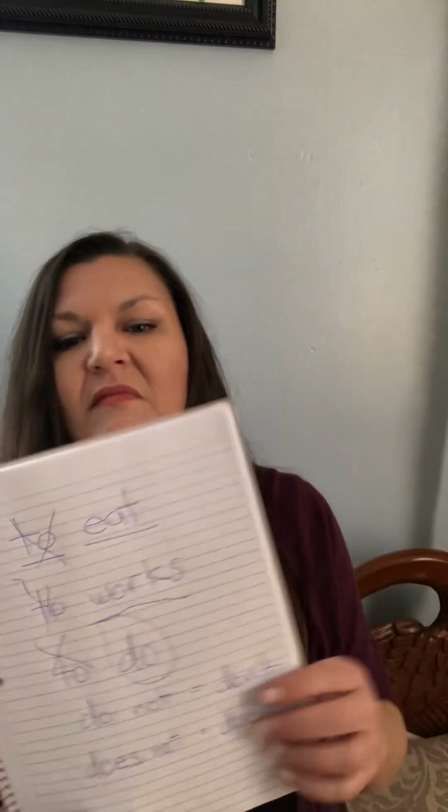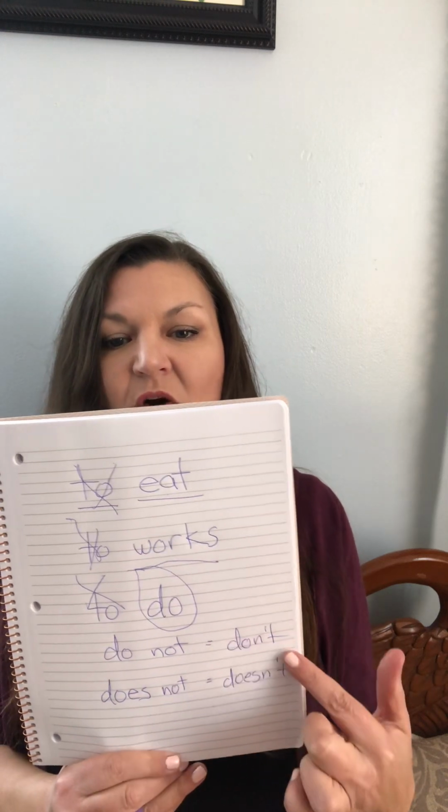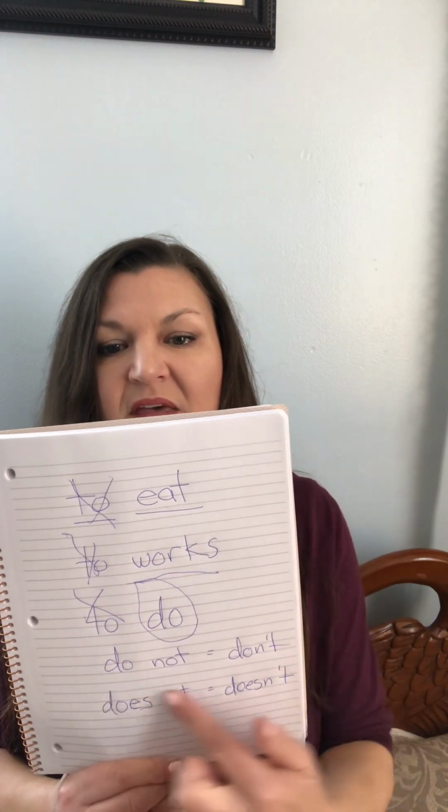Does not, doesn't. Do not, don't. These are the same. The difference is you're going to use does not or doesn't when your subject is he, she, or it, or words or phrases that can replace he, she, or it. And you use do not or don't when your subject is I, you, we, and they.